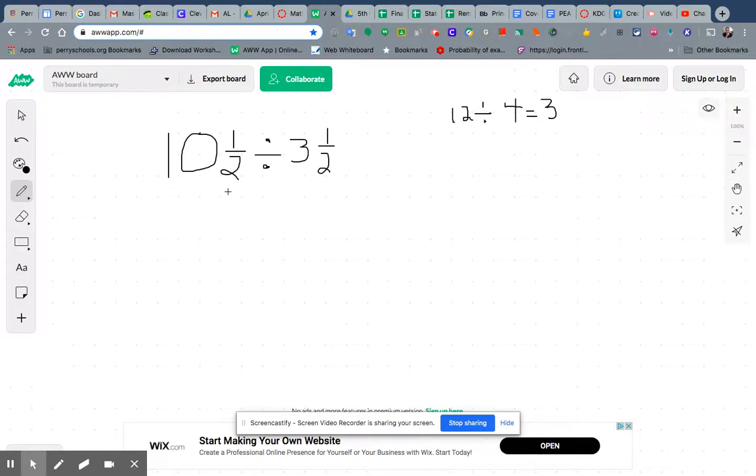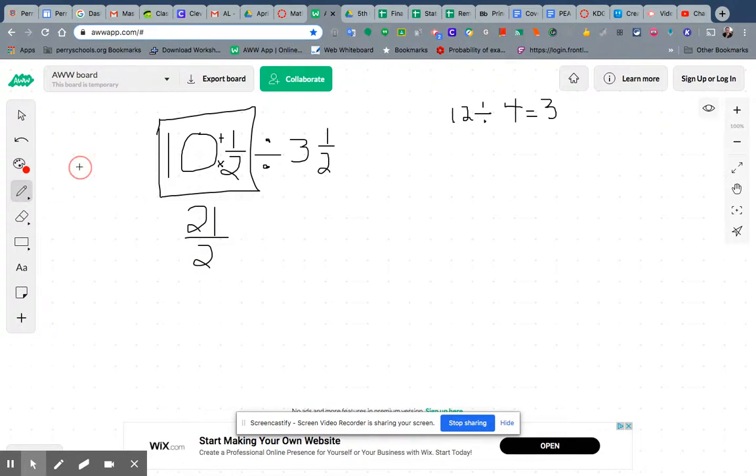So now this problem is going to be a little different. We have to get everything into improper form before we switch it to multiplication and do the reciprocal. So step 1 in this one is to take this first fraction and convert it like we always have. 2 times 10 is 20, plus 1 is 21. So I got 21 over 2.